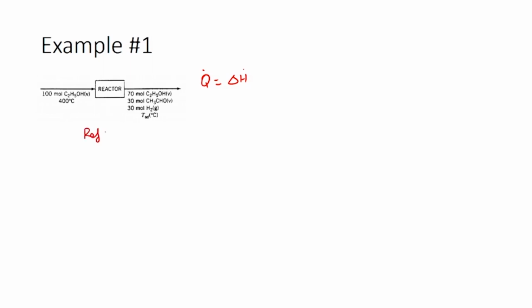So, here you choose the reference state as C2H5OH vapor, CH3CHO vapor and hydrogen gas, all at 25 degrees Celsius and 1 atmosphere. So, this is the condition in which these components are taking part in the reaction.